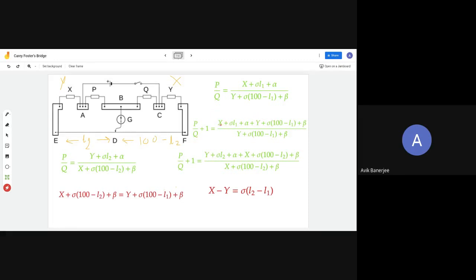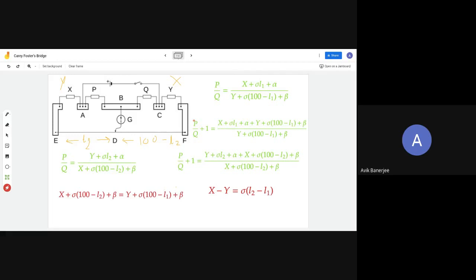So in the numerator we have X plus alpha plus Y plus 100 sigma plus beta. And if we add 1 to this equation, we have P by Q plus 1 is equal to this. Now look here, sigma L2 and minus sigma L2 will cancel each other. So we are left with Y plus alpha plus X plus 100 sigma plus beta.